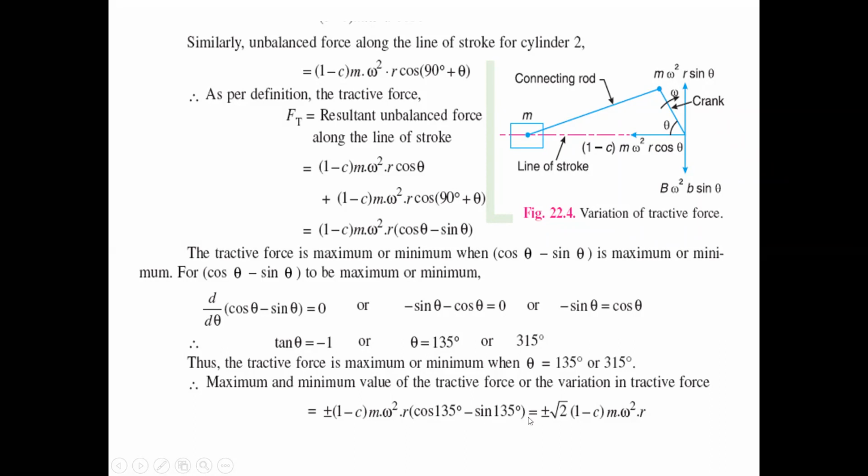That value comes to plus or minus root 2 into (1 minus c) m omega square r. That is our variation of tractive force.